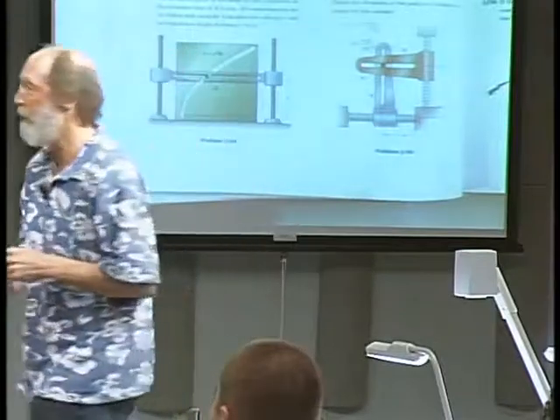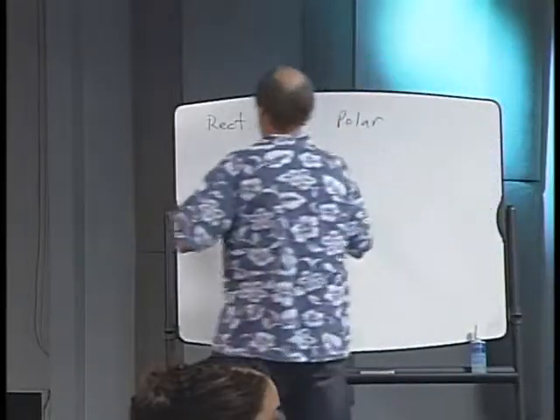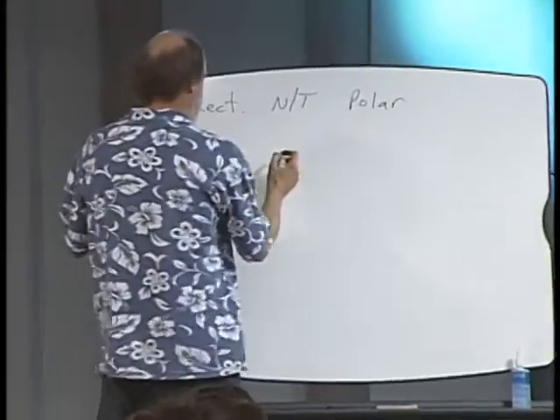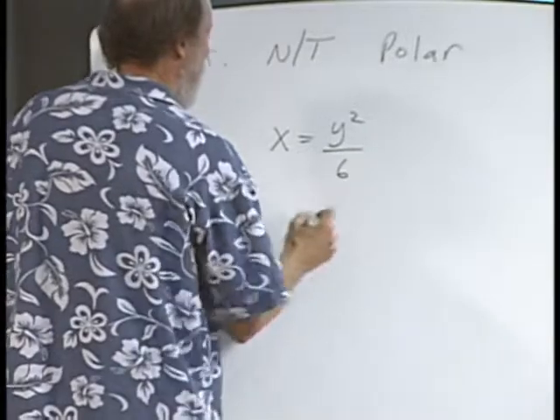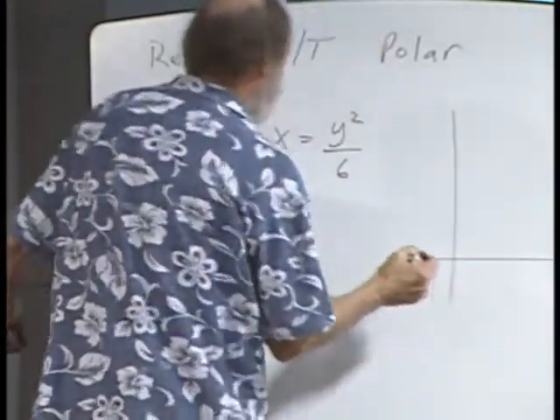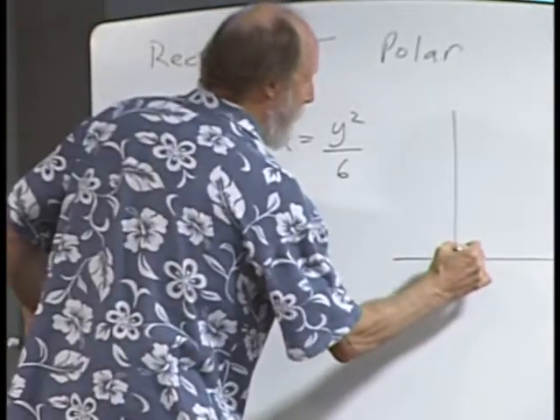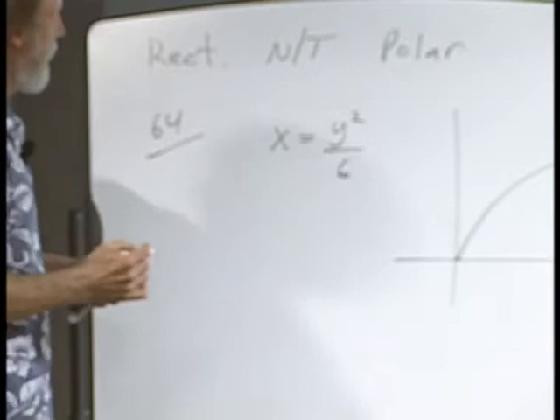The function is x equals y squared over 6. And that function is a quadratic, opening to the right, like this.